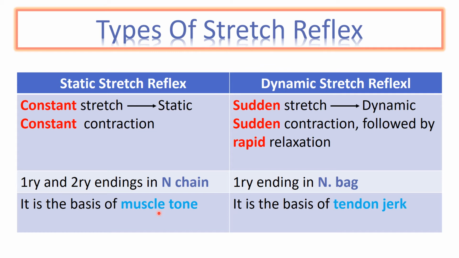So the muscle maintains the static stretch reflex all the time, even when we are sleeping, but muscle tone decreases when we are sleeping, but is still present. So there is a degree of contraction present all the time in our muscles called muscle tone.